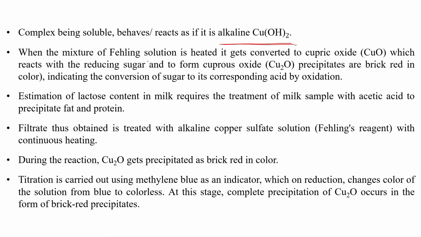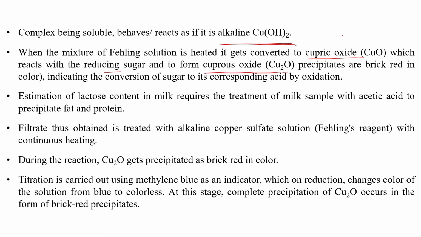When the mixture of Fehling solution is heated, that is, boiled for 2 minutes, as we will see in the procedure, it gets converted to cupric oxide, which reacts with the reducing sugar, which will be taken in the burette during titration, and forms cuprous oxide.